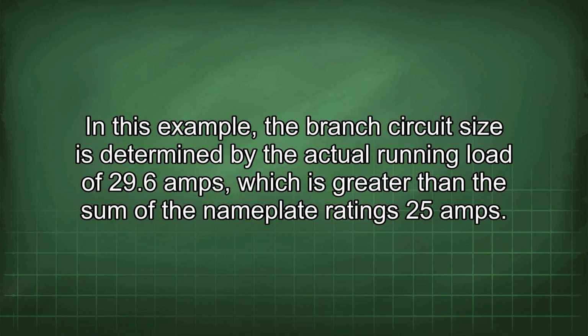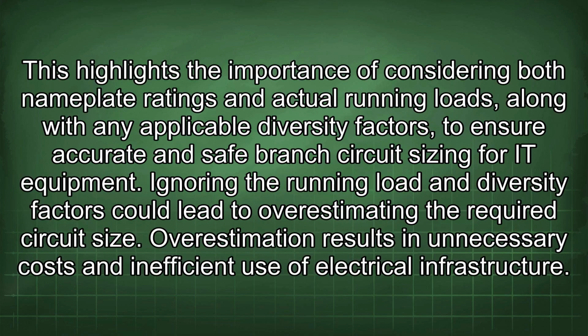In this example, the branch circuit size is determined by the actual running load of 29.6 amps, which is greater than the sum of the nameplate ratings, 25 amps. This highlights the importance of considering both nameplate ratings and actual running loads, along with any applicable diversity factors, to ensure accurate and safe branch circuit sizing for IT equipment.